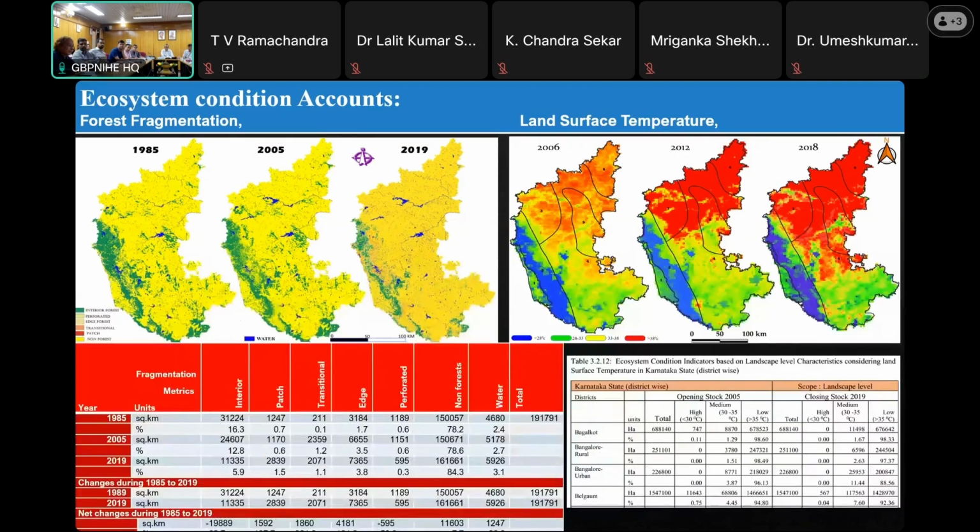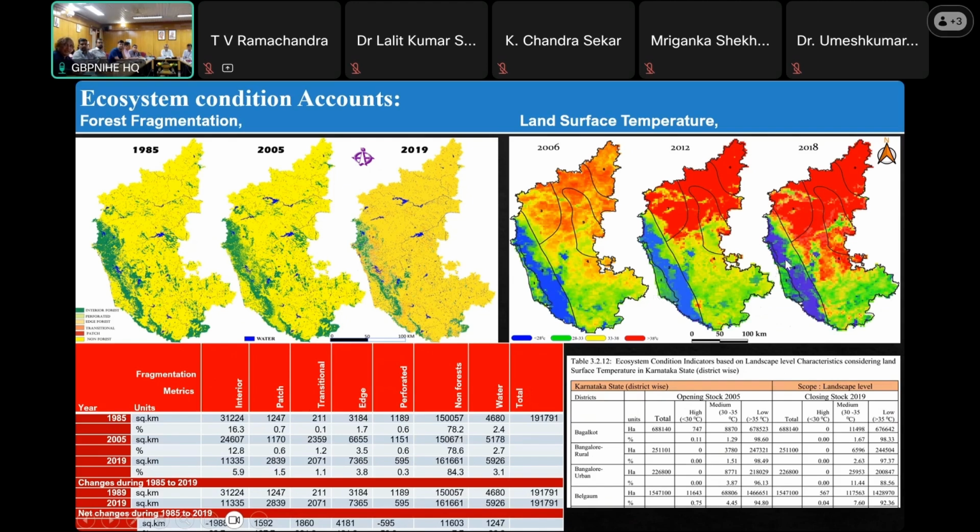Okay. Now this gives you the fragmentation of the forest. You can find out where all the intact forest is, where patch forest is, perforated forest, and the edge forests. If you map invasive species, naturally they are in the degraded patches, the edges, etc. In our study also, we noticed that species like lantana and eupatorium were in the edges, and in the intact forest, we didn't see any invasive species.